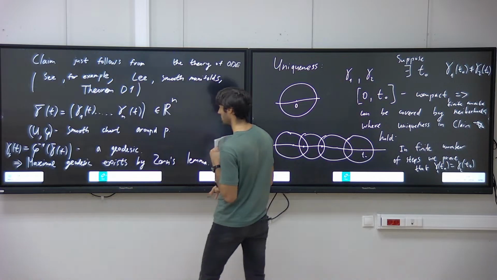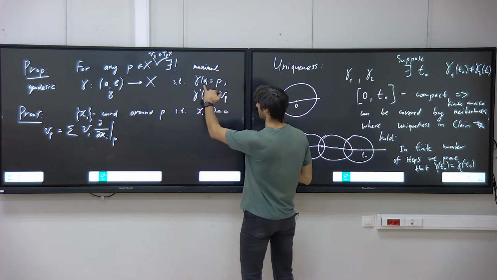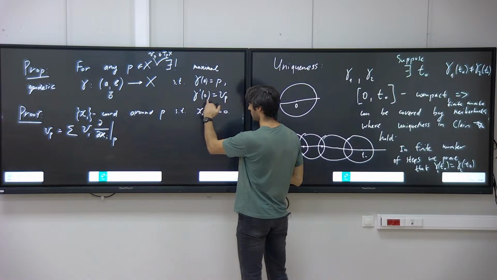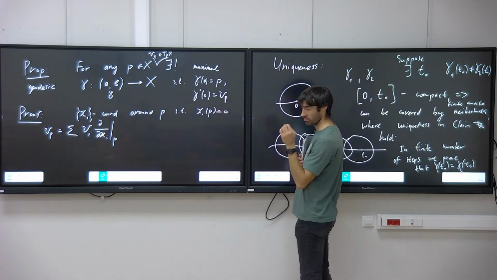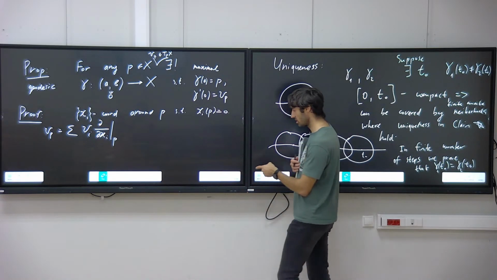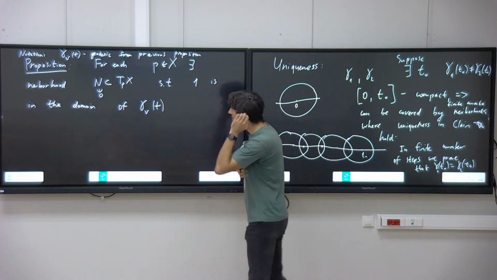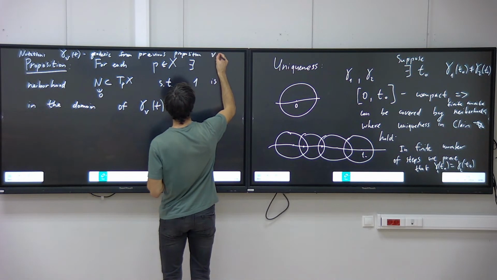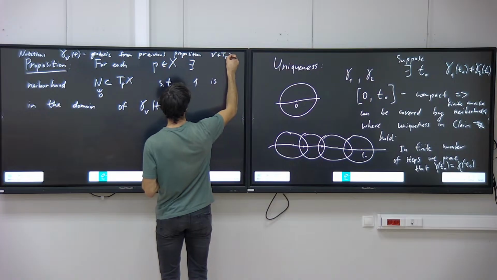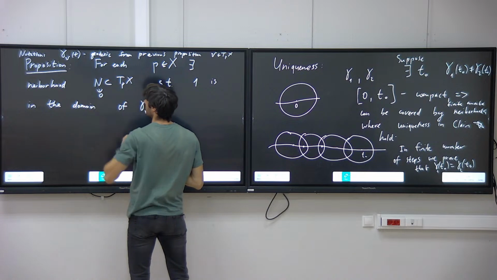Let's recall. So we had gamma(0) is a fixed point p, and gamma'(0) is v, some fixed vector, right? So here v is inside T_pX. So v here is our initial condition.